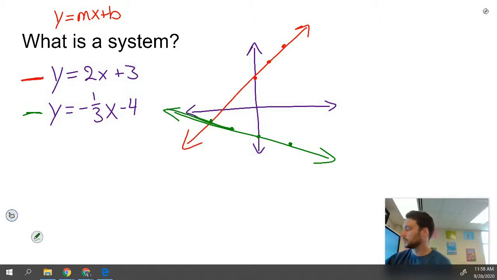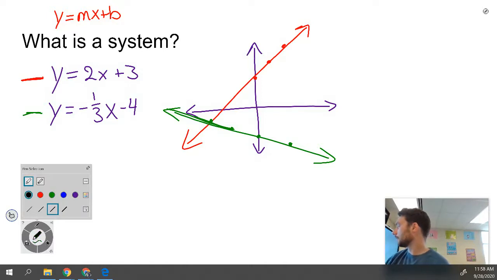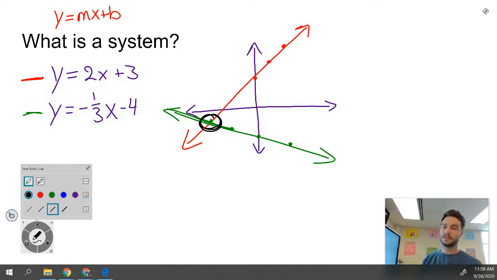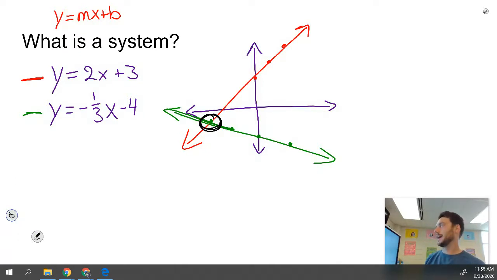So it'd be something like this, which means the nice part about this and the important part here is that this part right here, that is where those two lines intersect, and that's what we're looking for. That's the solution to these problems. So the solution to this system might be something, it's definitely not, I'm just making up some numbers here, but it would be an ordered pair, something like -6, -2.